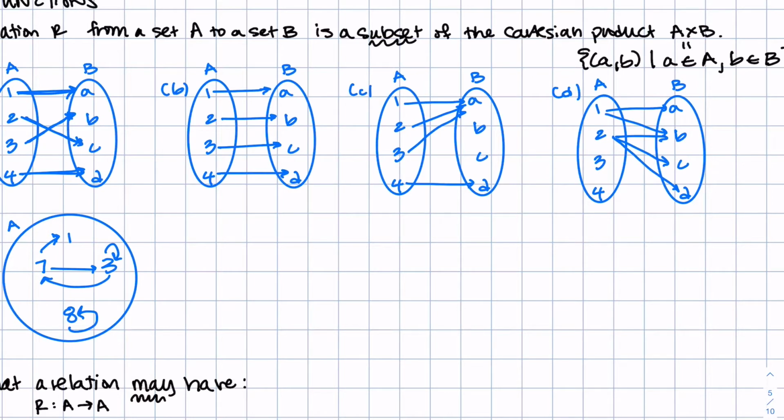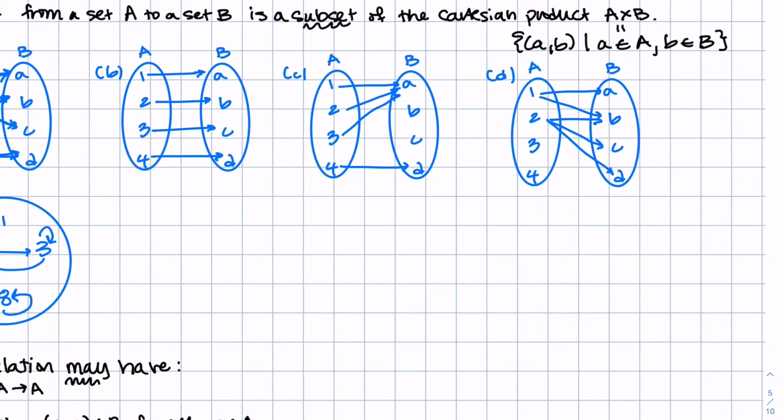And example D here is another example of a relation. So everything that I've shown you so far is a relation. But again, example D is not a one-to-one correspondence for a few reasons. One reason is that 3 and 4 are not mapped to anything, and in a one-to-one correspondence, they should be.